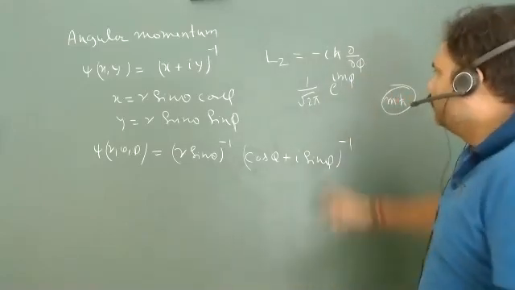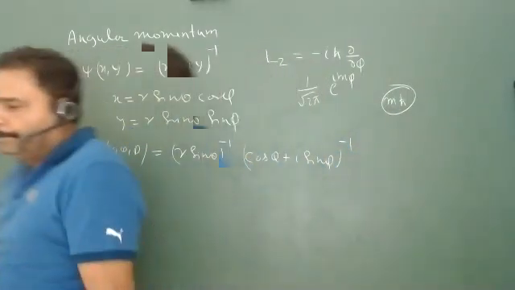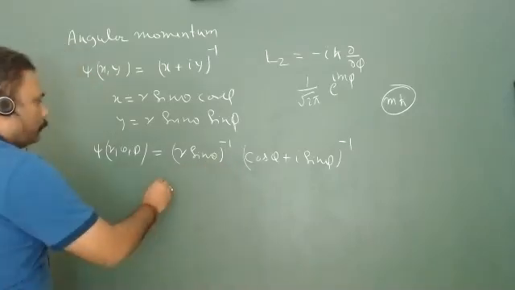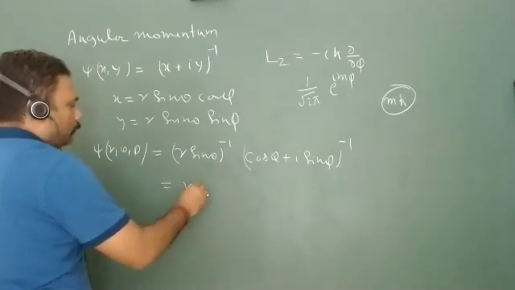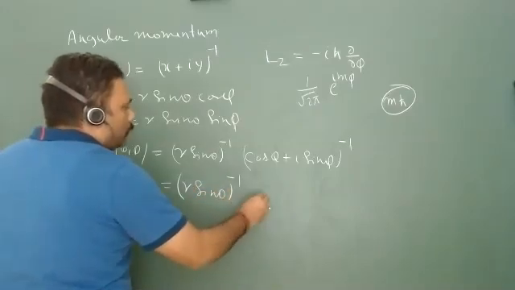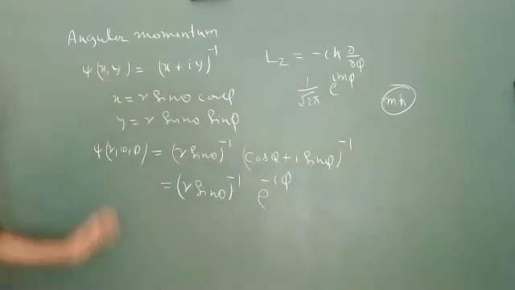So we have to just recognize the value of m for Lz. Once you recognize that value of m, it's a very simple thing. You can forget all the other part, sin theta to the power -1; this is nothing but e to the power minus i phi. So can you tell me the value of m here?